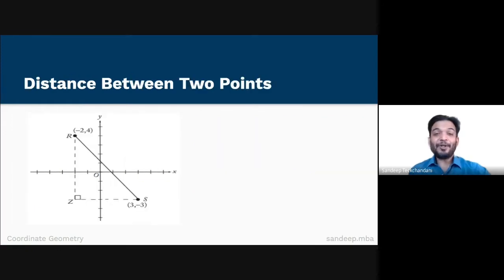In this slide, we'll talk about how to find the distance between 2 points in the coordinate plane. One way to find the distance between 2 points in the coordinate plane is to use the Pythagoras theorem. To find the distance between points R and S using the Pythagoras theorem, you must first draw the triangle as shown.